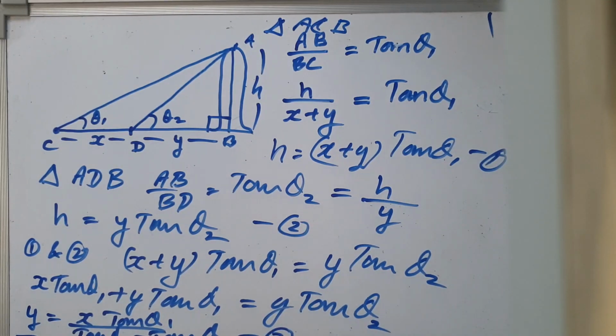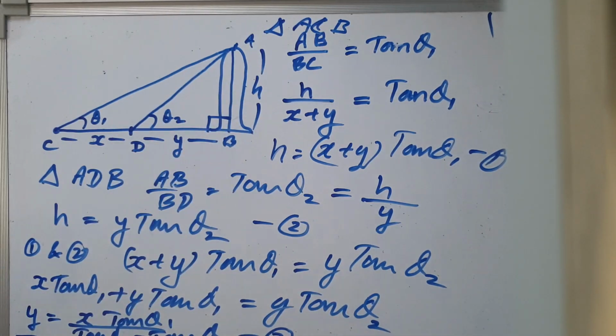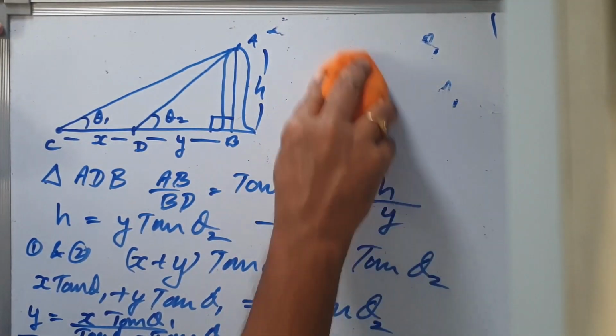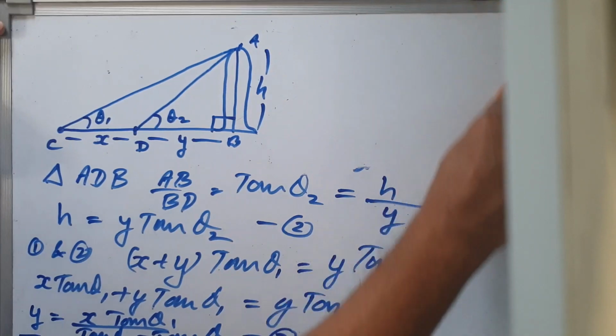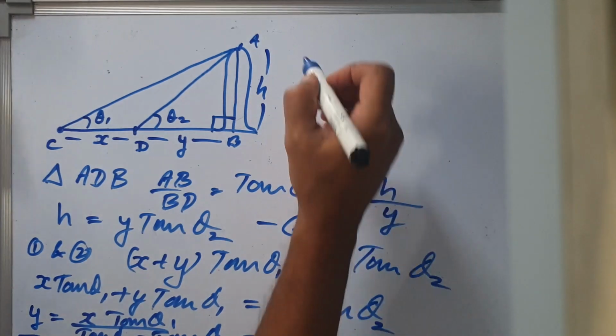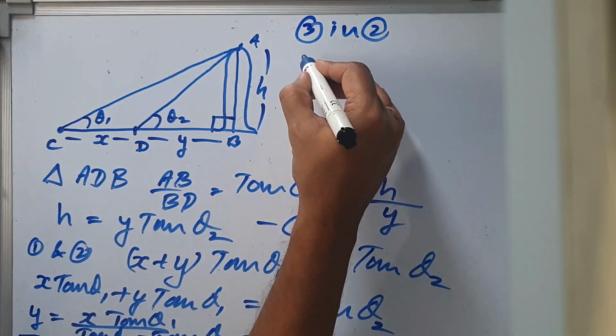I got the value of Y. Now substituting this value of Y in equation 2, I can get the value of H, which is the height of the mountain. I'm erasing this part. Substituting 3 in 2, what do I get?